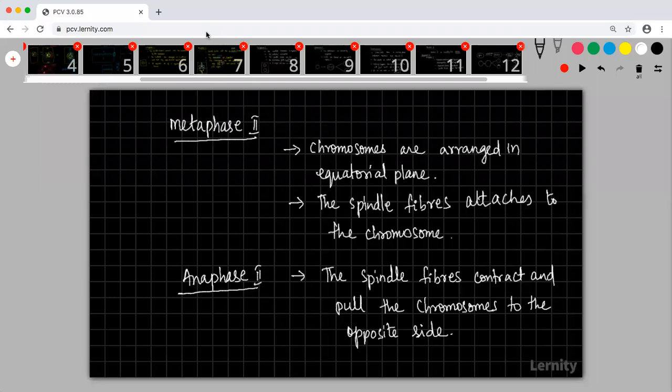Yes, anaphase promoting factor will cause the separation. Yes, you have to write whatever is being written. Please write it. Okay, so just a small hint. During anaphase, what will happen? The spindle fibers will contract and pull the chromosomes to the opposite side.